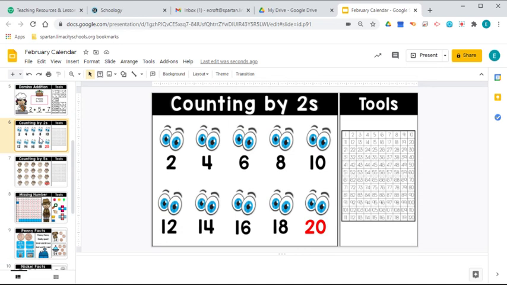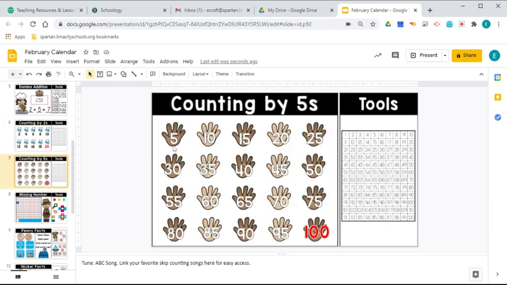Counting by 2s. Ready? 2, 4, 6, 8, 10, 12, 14, 16, 18, 20. And counting by 5s. 5, 10, 15, 20, 25, 30, 35, 40, 45, 50, 55, 60, 65, 70, 75, 80, 85, 90, 95, 100.